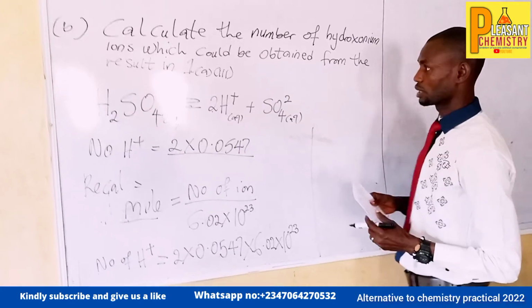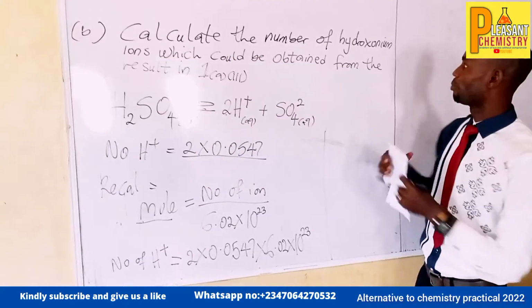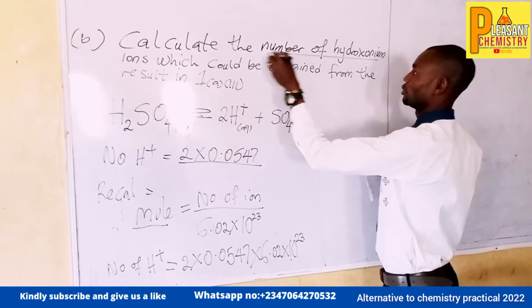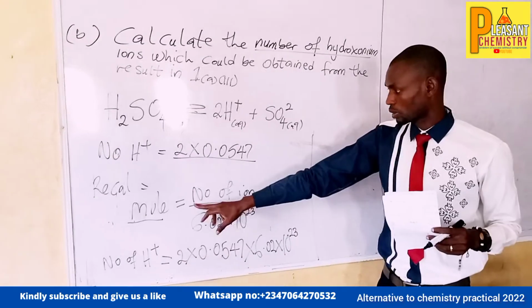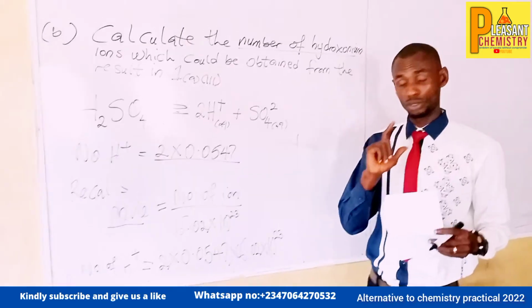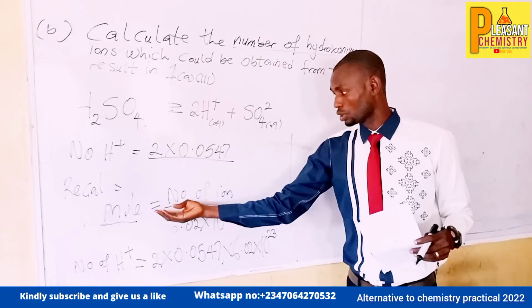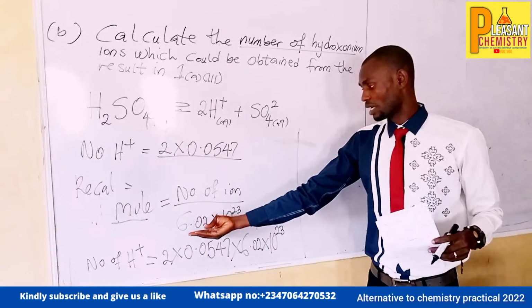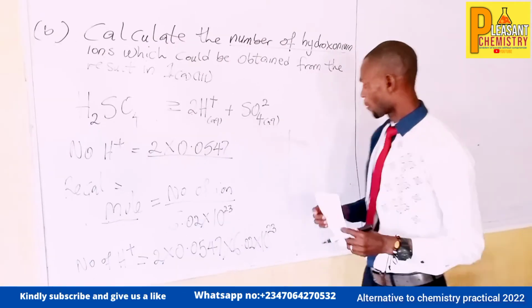So what's our final answer? Remember, what are we calculating? We want to calculate number of hydronium ion, and the formula that relates number of hydronium ion is this formula. Mole is equal to number of ion divided by Avogadro's constant. Okay?